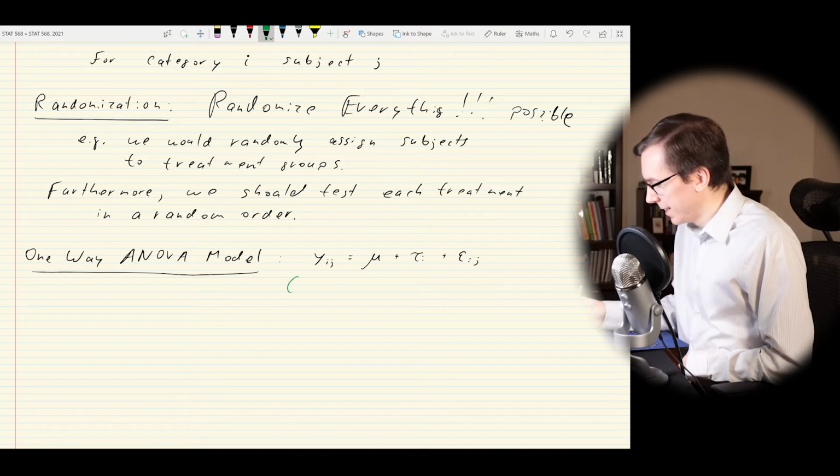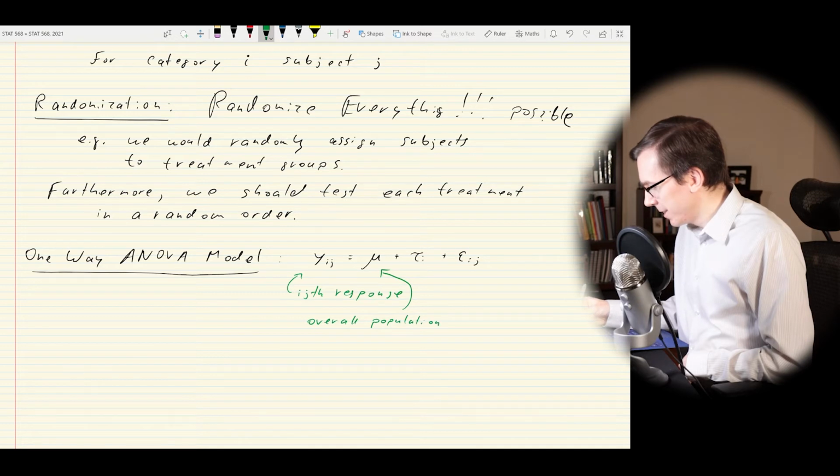We have the ijth response. We have mu, which is the overall population mean.